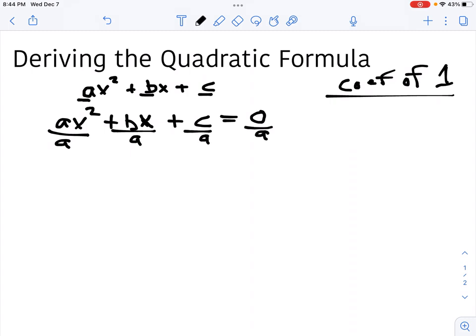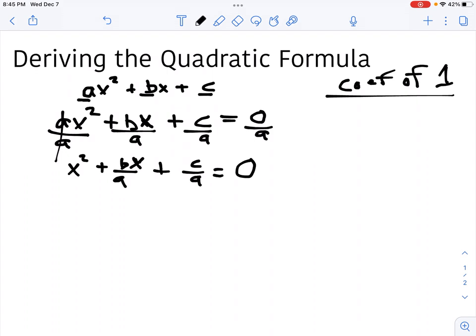Because then that will cancel this out, and that will give me just x squared. So we get x squared plus bx over a plus c over a equals, and we're just going to call that 0, because 0 divided by anything is just 0. That's how 0 rolls.